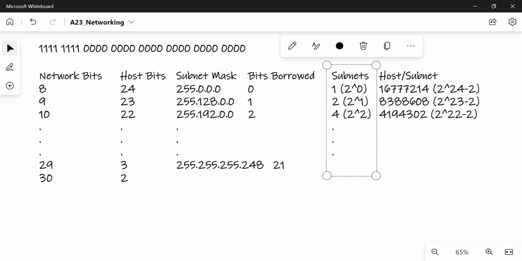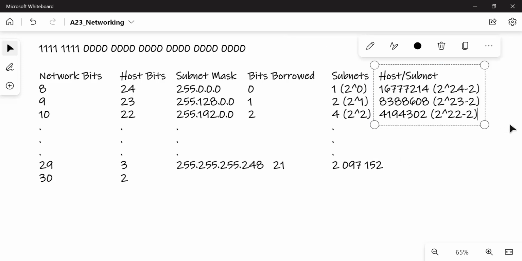Two to the power 21 will be around 2 million: 2,097,152. So these many subnets are possible.